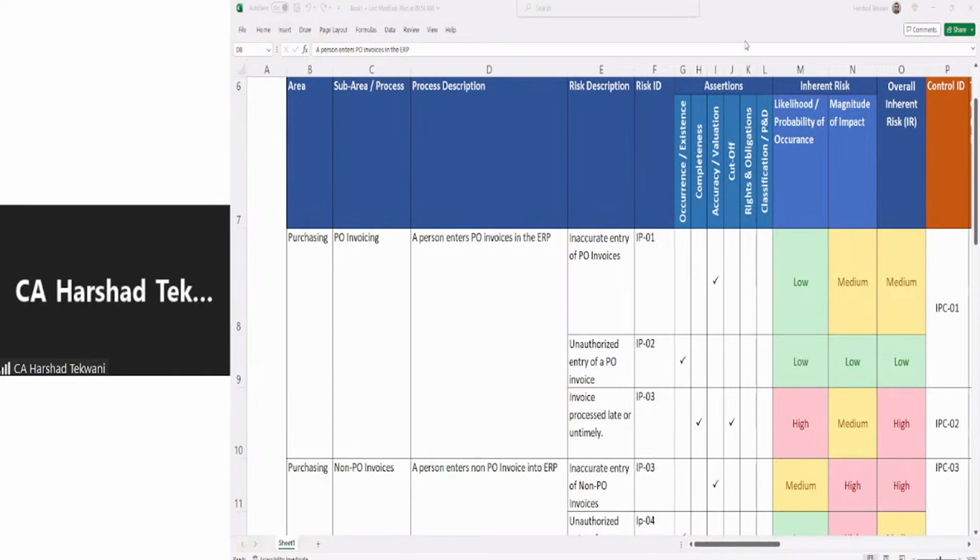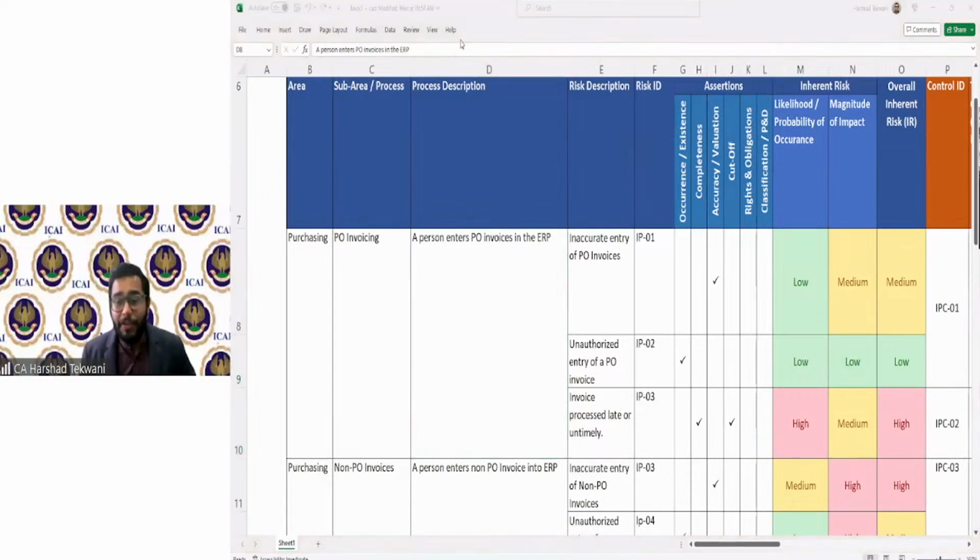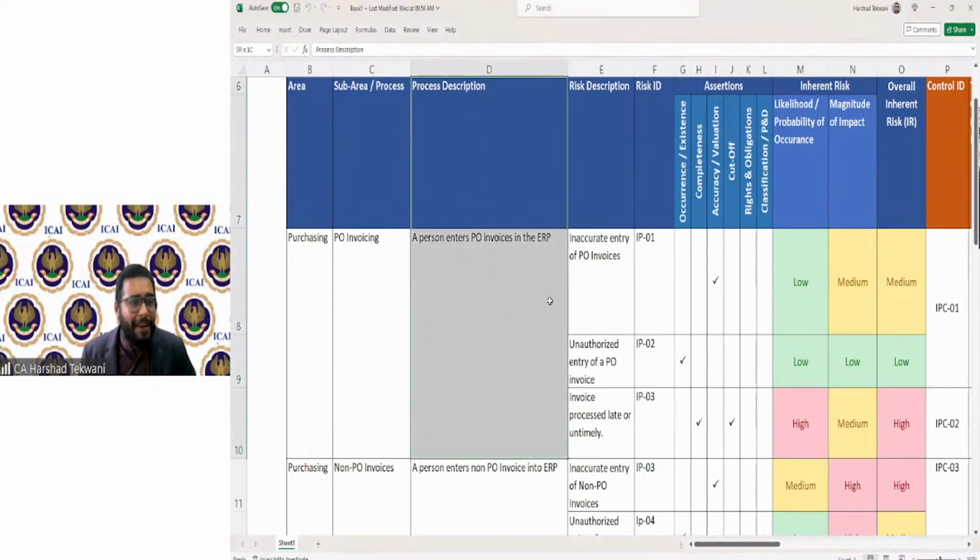If I have to identify what the process is, how will I identify which processes are there? How will I identify the items of columns D and E? What will be the trigger point for me? I cannot make things up on my own. Let's say a person enters a PO invoice into the ERP. How can I ensure that this process is there? What do I have to do for that?